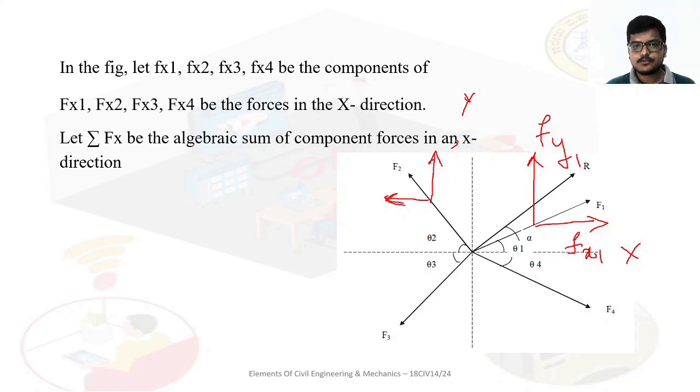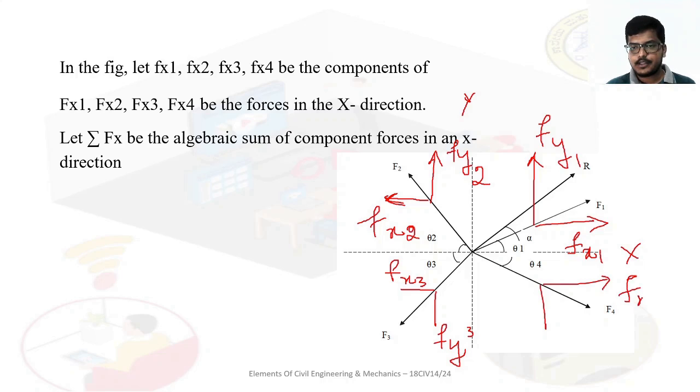So this is Fy2 and this is Fx2. Here also one horizontal component, one vertical component. This is Fx3, this is Fy3. So here Fx4 and here Fy4. So from 4 forces we are getting 8 components, right?